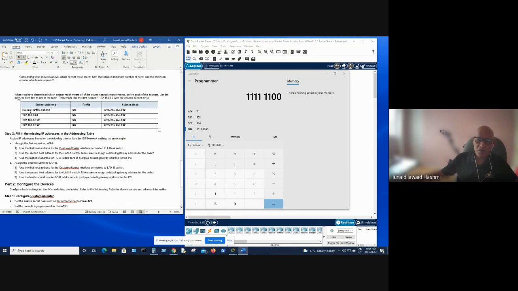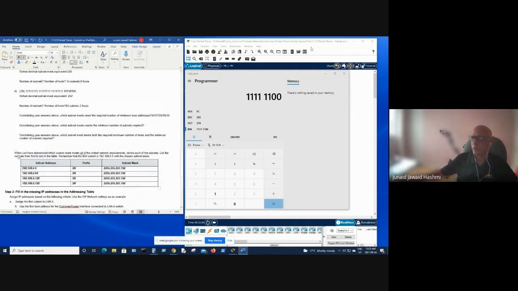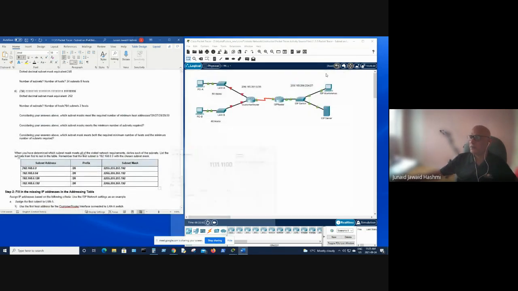All right, so once you have all your network IDs, what you have to do is assign these network IDs in Packet Tracer. So you have to choose one network. So where's the Packet Tracer? This network could be 192.168.0.0, the original network, right?